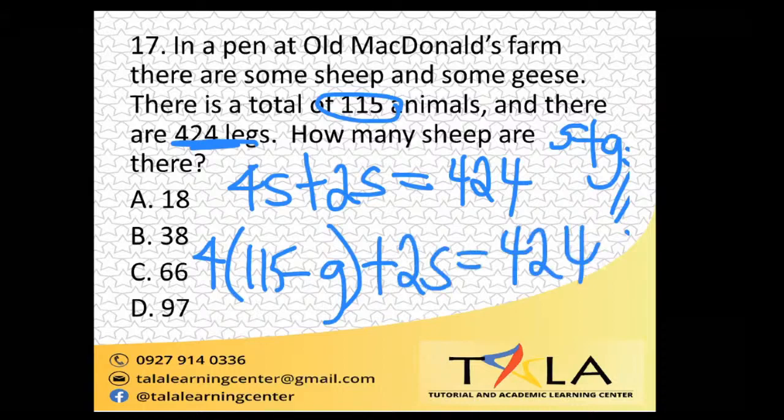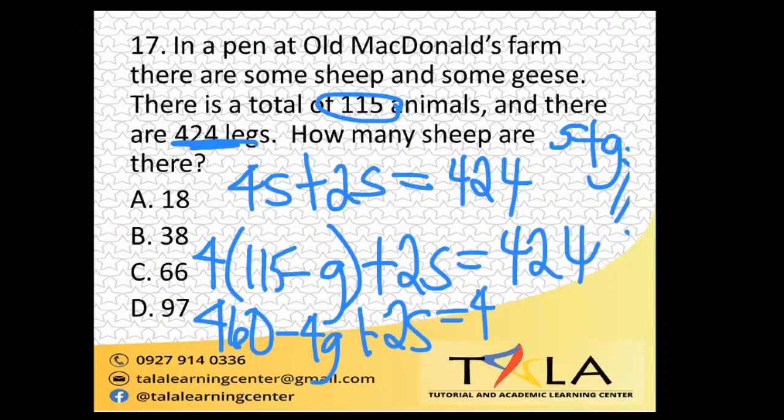So, 115 times 4 is 460 minus 4G plus 2G equals 424. Okay? So, this will be, bakit ba G naman to eh? Kasi nga sa geese, 2 lang. Okay. So, this becomes negative 2G.